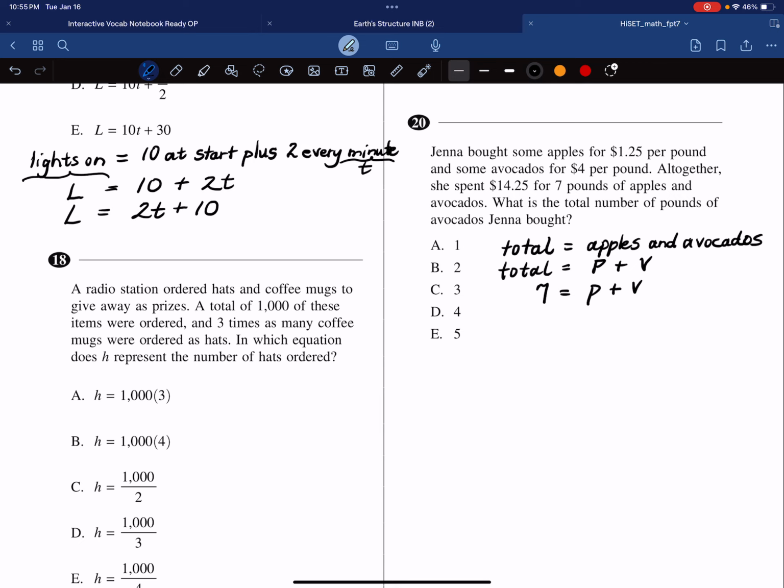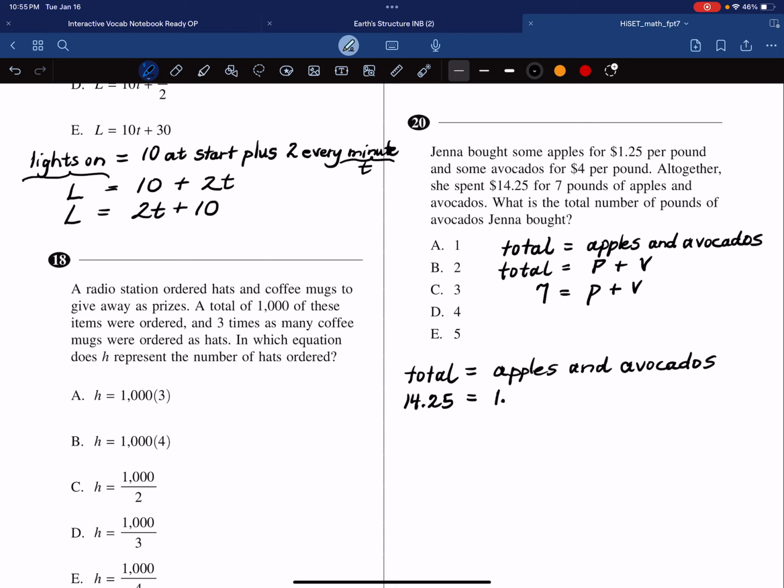But we can also talk about this in terms of money. So we can say that the total money is still apples and avocados. We're not throwing grapes or bananas in there. And that the money is $14.25.